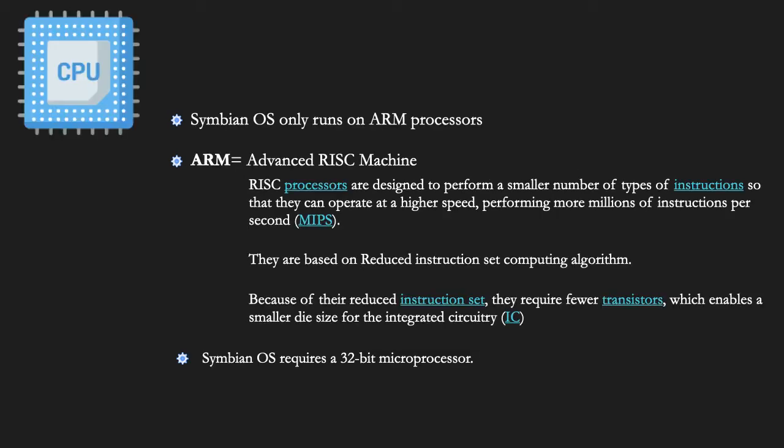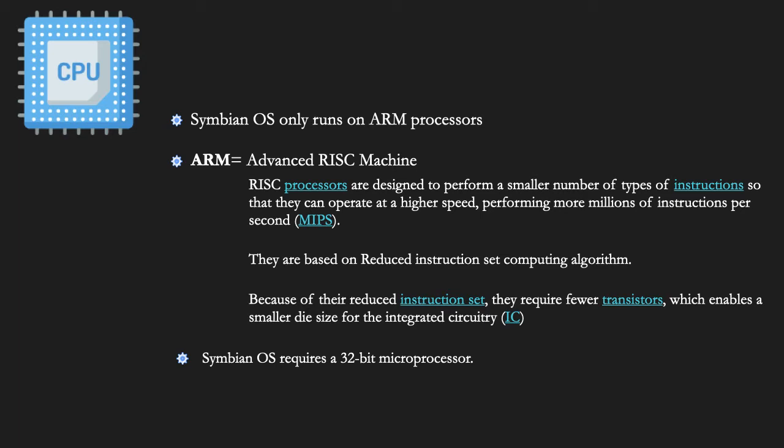And for the CPU, Symbian OS only runs on the ARM processor. ARM means Advanced RISC Machine, and RISC is a reduced instruction set computer.